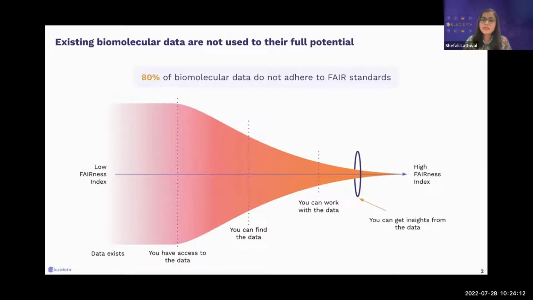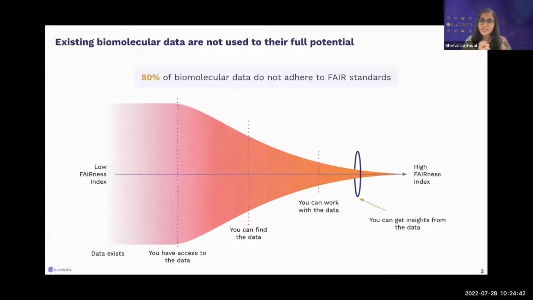And that's true even within a single organization, where data can be scattered between different teams and between different data management systems, between different file management systems, and so on. And the same is true for publicly available data as well, which are scattered across different repositories. And it's very hard to keep up with the new data that are emerging, either present in the public domain or even within one's own organization.